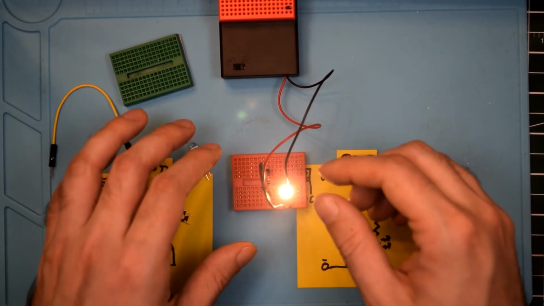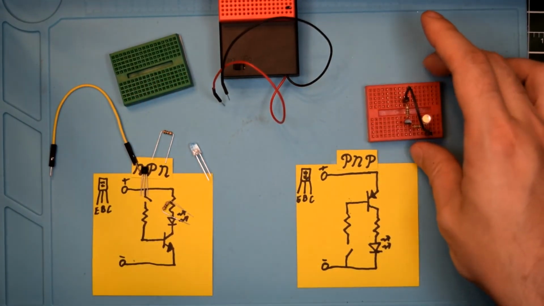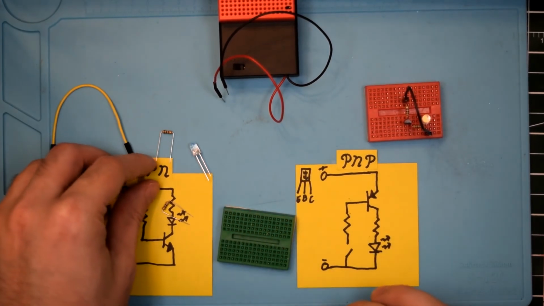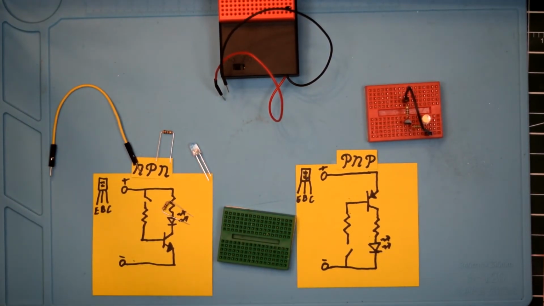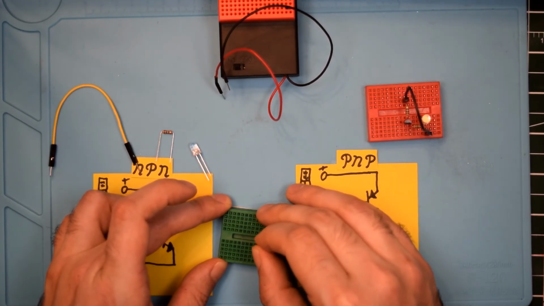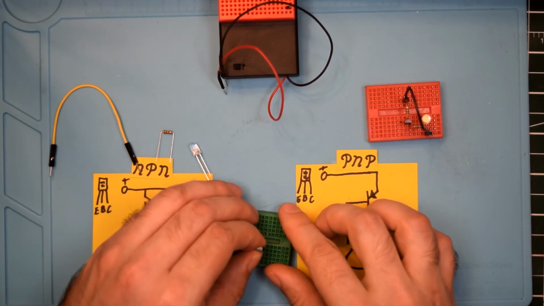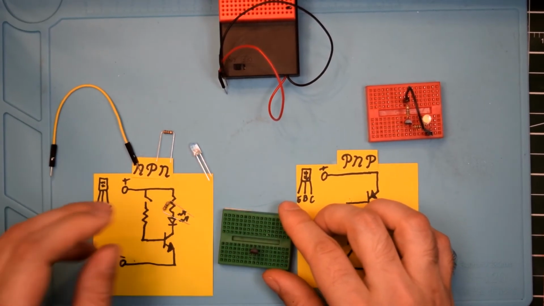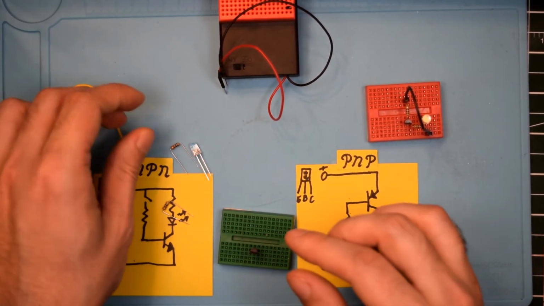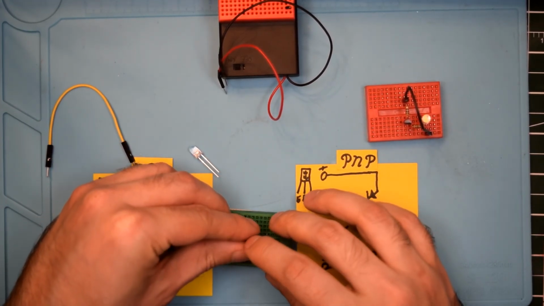So let's do that same thing, only with an NPN transistor. So same pinout, we'll take it and put it in the middle here, assuming we can actually get it to go into the breadboard. These aren't the most high quality breadboards in the world. There we go. And then we'll take our resistor and put it to the base just like the last time.